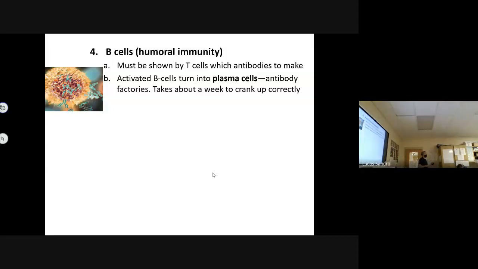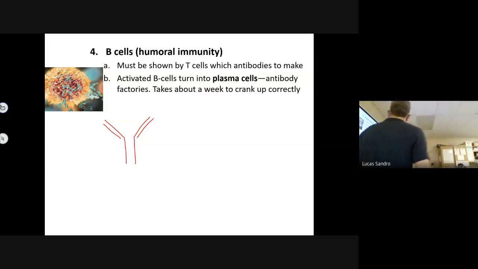Antibodies are different than anything else in this system. Antibodies aren't cells. They really aren't even quite proteins. Here's what they look like. They are made of amino acids, but they're not really folded up much.